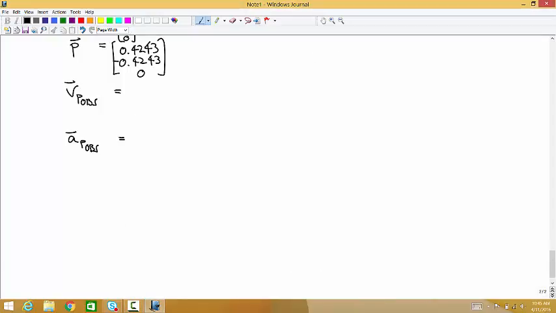Okay, so the observed velocity of P is going to be the angular velocity, lowercase omega, crossed with r. The acceleration of P observed is from the watermelon equation. So we need to figure out what omega and r and alpha are. Alpha is the easy one. What's that equal to? 0.